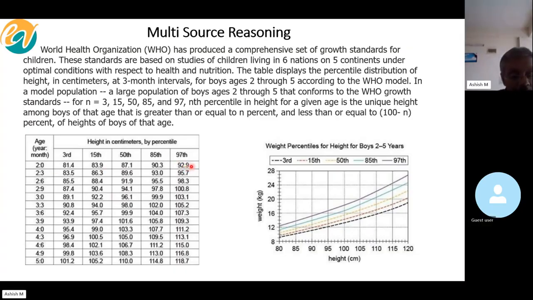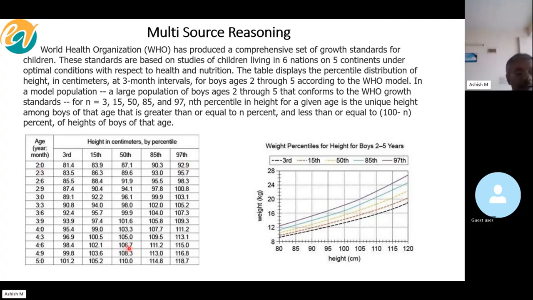Which means only 3% of children have a height of more than 92.9 centimeters at 2 years of age. Are we clear?